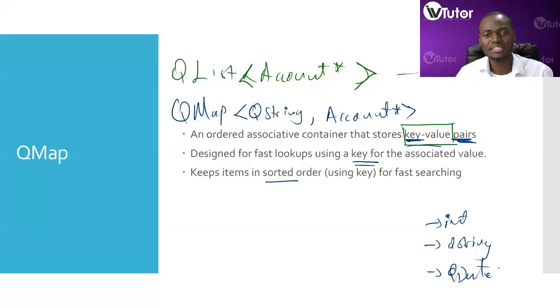So one of the main differences between a QList and a QMap is that in a QMap, items are sorted by default, which means you don't have to do anything to sort those items. As you insert your items into the QMap, your compiler sorts them for you. So items are sorted by default, and they are sorted according to the key. That is what we basically need to know about a QList and a QMap.